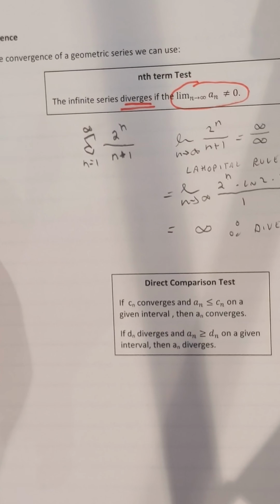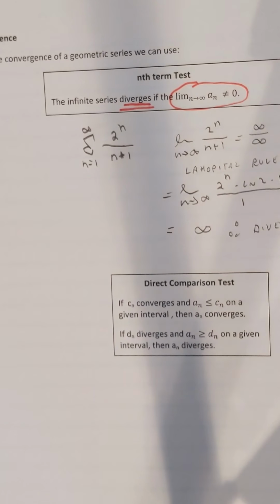If I wanted to confirm this, if I wanted to show you this and you don't buy it, the other choice is if you had chosen to go right to the ratio test, it requires a little bit more work. But I will show you the same conclusion will occur if I do the ratio test.